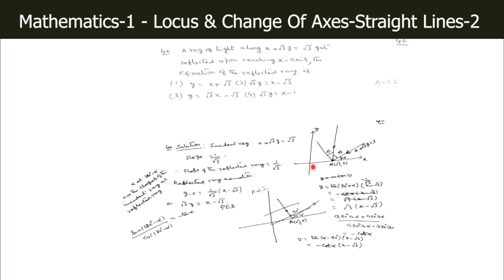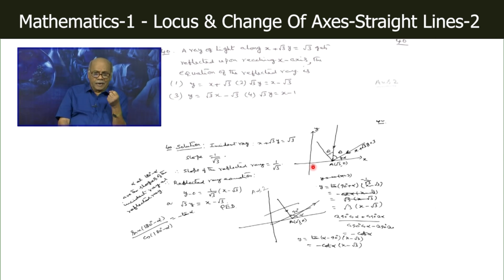Because when the slope of an incident ray is m, the slope of the reflected ray is minus m. The slopes of the incident and reflected rays differ by sign. So because the slope of the incident ray is minus 1 by root 3, the slope of the reflected ray must be 1 by root 3.